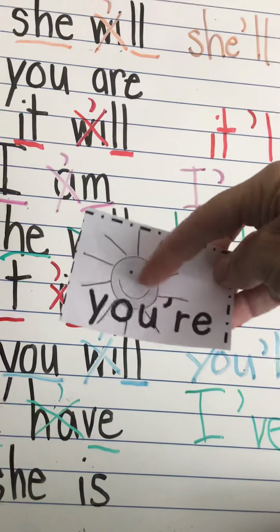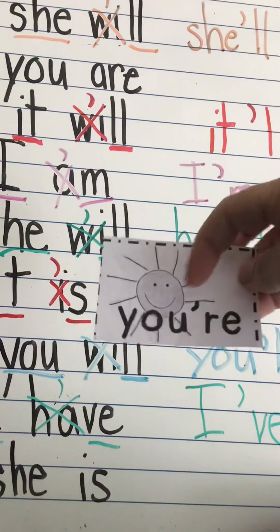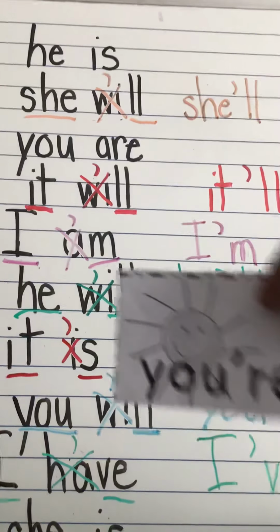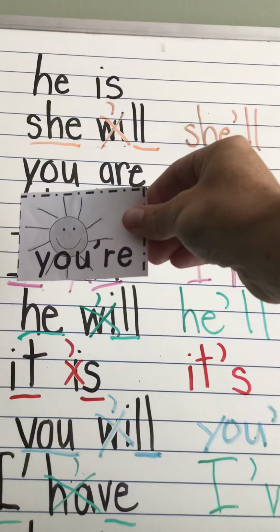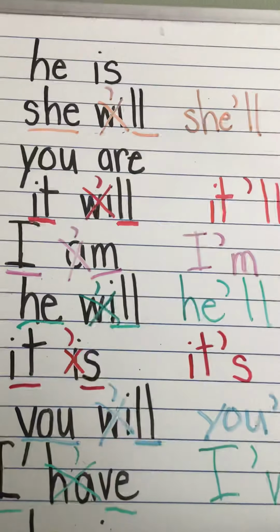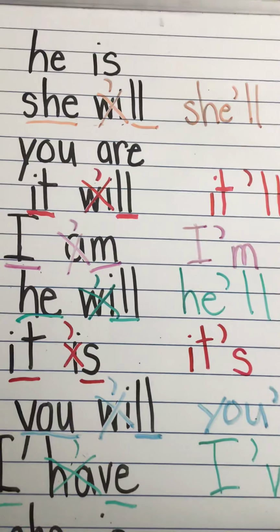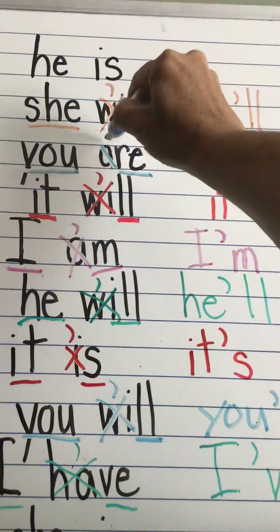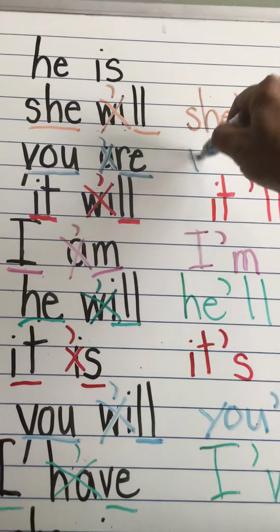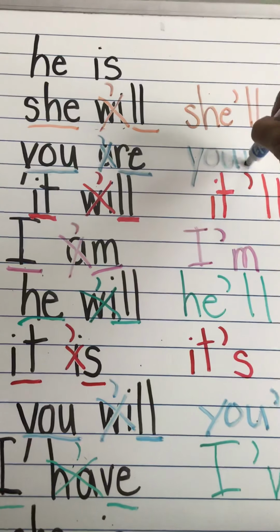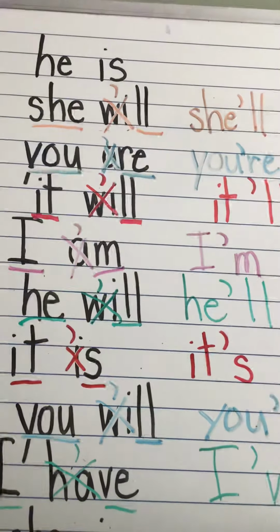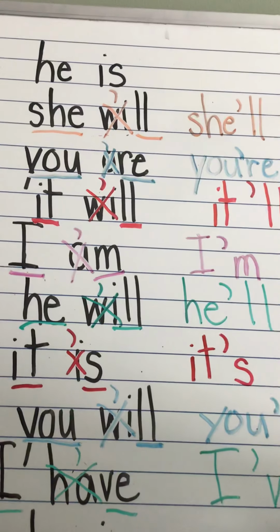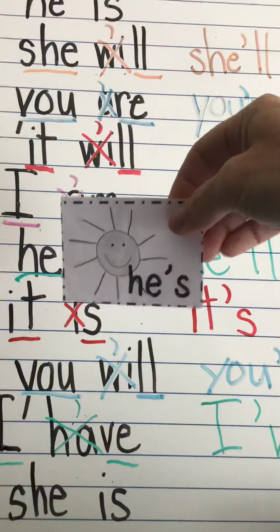You, apostrophe R-E, you're. We're looking for words up here. You are. We have you, and then we have R-E at the end. We got rid of the A and put an apostrophe there. So we have the word you're, which means you are. He's is my next card.